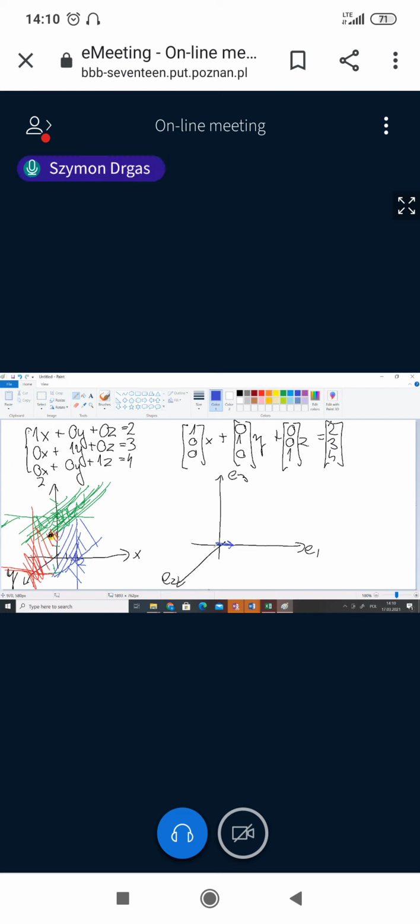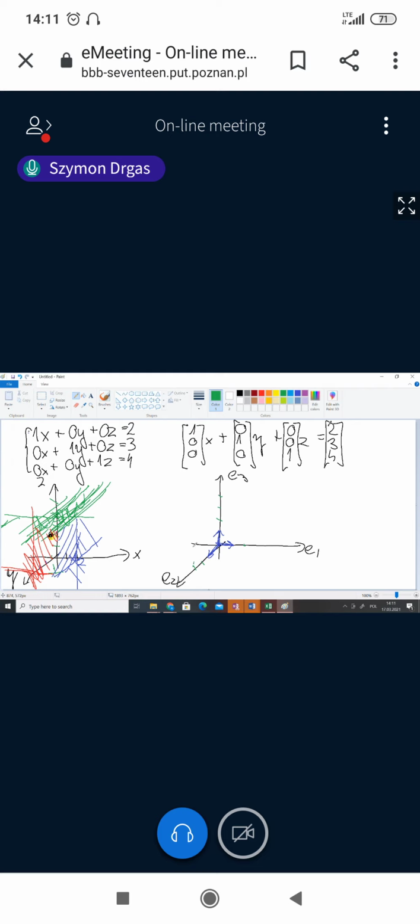Then we have the second is 0, 1, 0. And the third one is 0, 0, 1. And we have this vector on the right, which is 2, 3, 4. So the first component is 2, the second is 3, and the third component is 4.